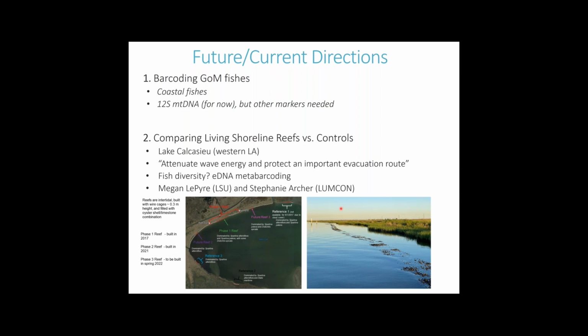They've constructed these oyster living shoreline reefs as structures to minimize wave energy and wave erosion, particularly in areas where there are important hurricane evacuation routes, like this area here on the right. But they want to know, are there differences in fish diversity associated with these oyster reefs in comparison to open water control habitats where there are no reefs? So we just started working on that this summer.